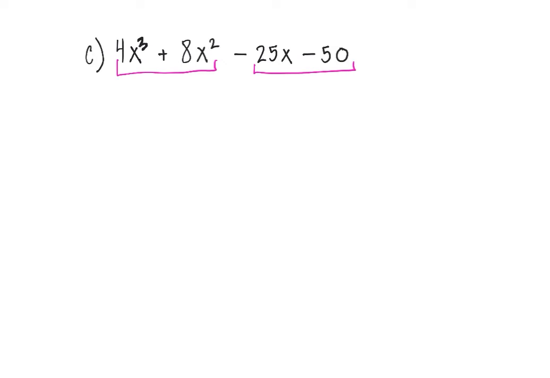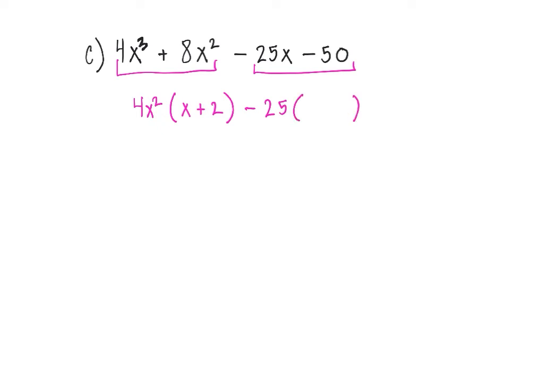Okay. So in my first group, I'm going to factor out a 4x squared, and I am left with x plus 2. On my second group, I have a negative 25 that I'm going to factor out.